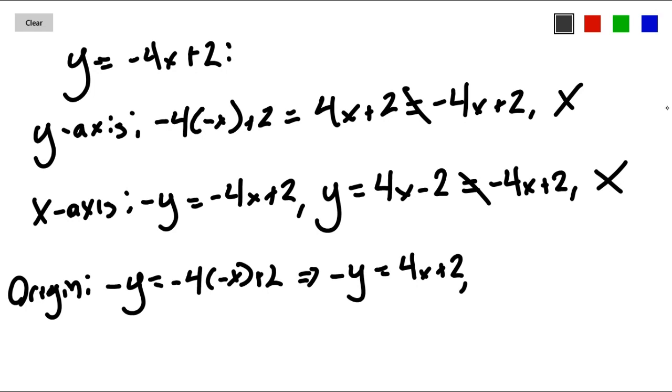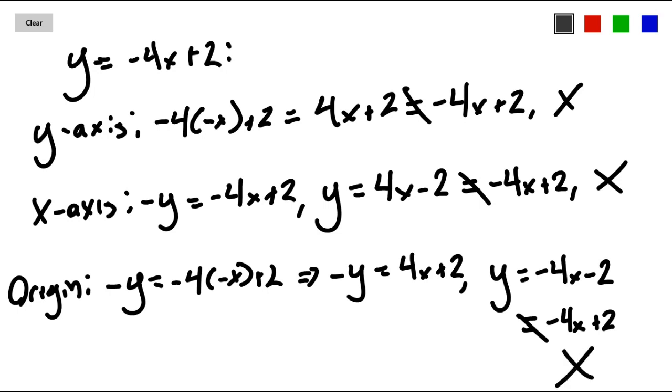If I solve for y, I get y is equal to negative 4x minus 2. And this is still not the same as our original function because the sign in front of the 2 is different. So it's not symmetric about the origin. So this particular function has no symmetry.